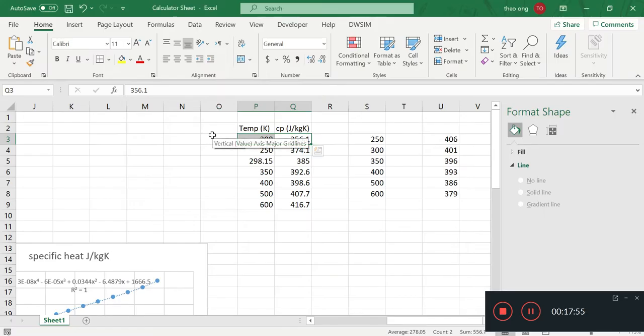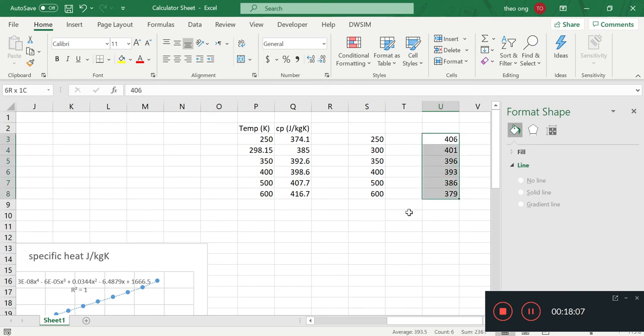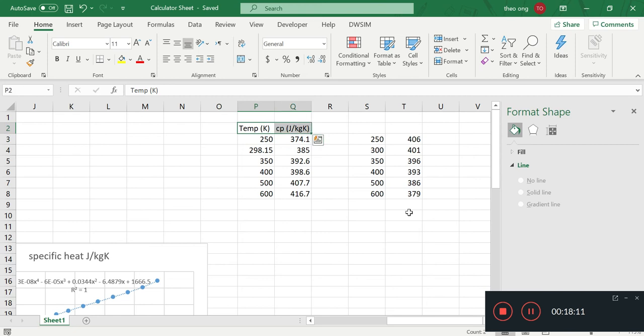Maybe 200 is too much. I know I said why not do 200 for the temperature, but there's really no use here. So we'll just do 250 all the way up to 600. So I just do temperature, and this is the thermal conductivity.